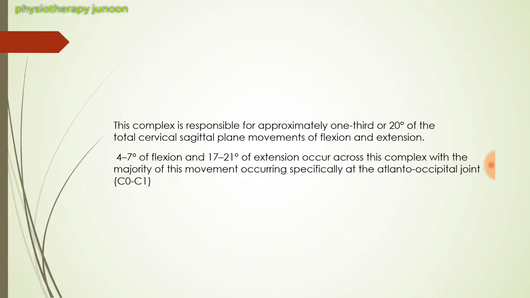This complex is responsible for approximately one third, or 20 degrees, of the total cervical sagittal plane movement, which includes flexion and extension. 4 to 7 degrees of flexion and 10 to 21 degrees of extension occur across the complex, with the majority of this movement occurring specifically at the atlanto-occipital joint, or C0 and C1.